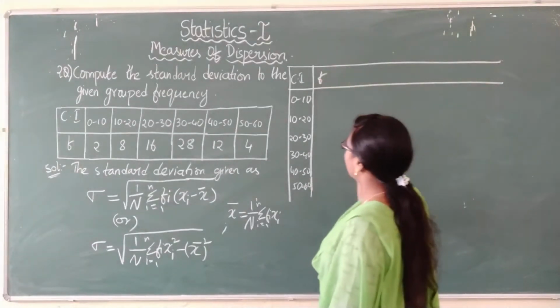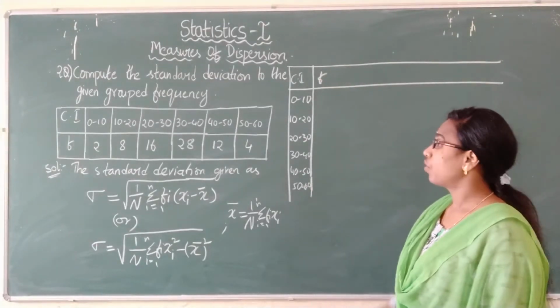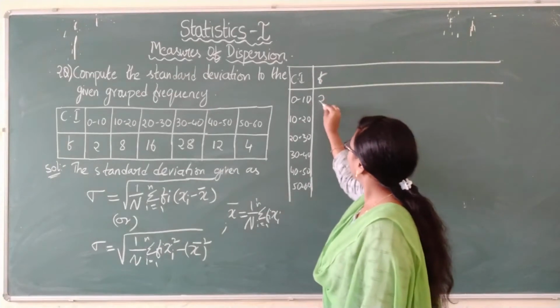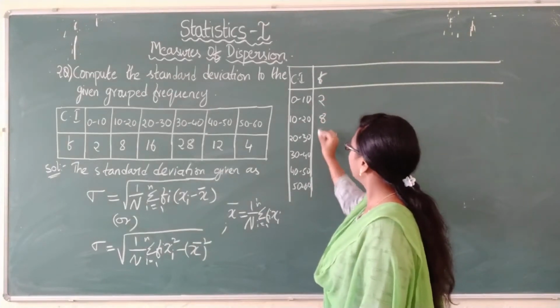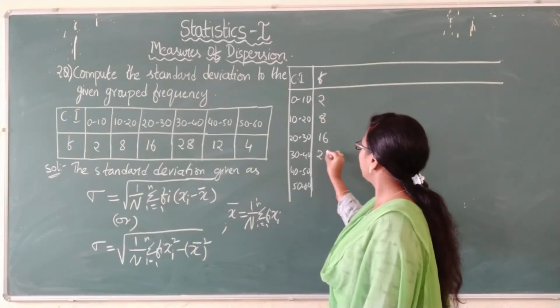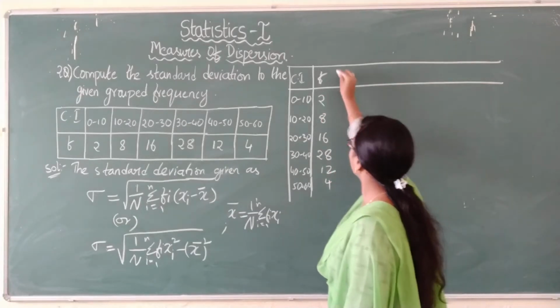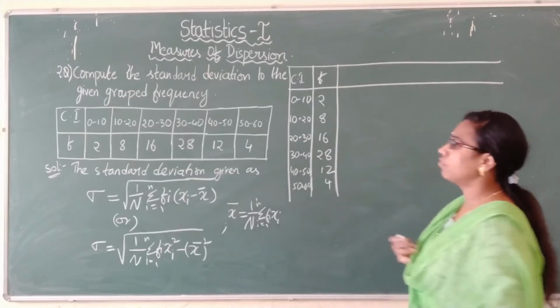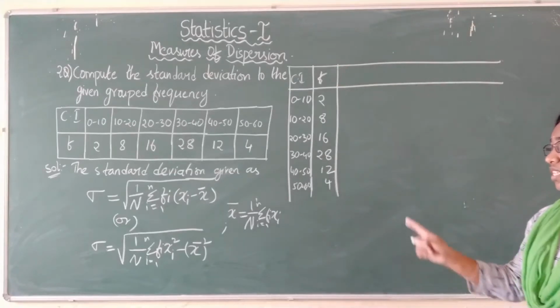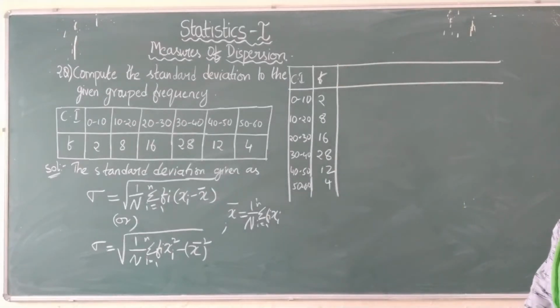Frequencies are denoted with f. So frequencies are 2, 8, 16, 28, 12 and 4. After writing the frequencies, first we have to calculate the mean value. So how do you calculate the mean value?